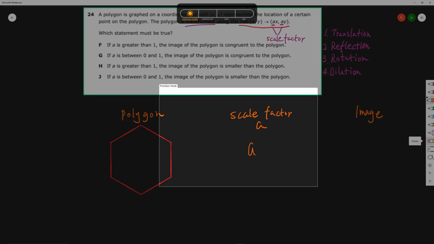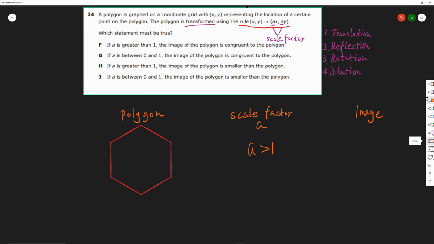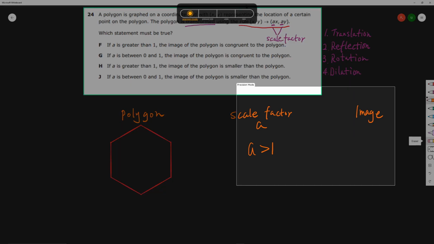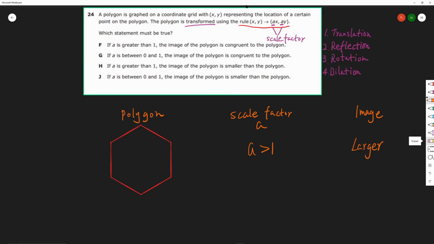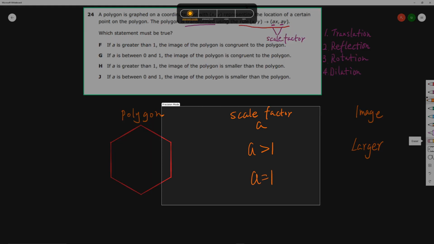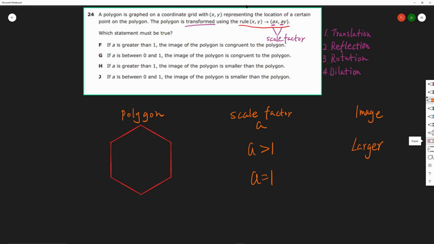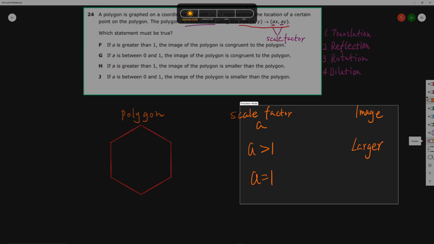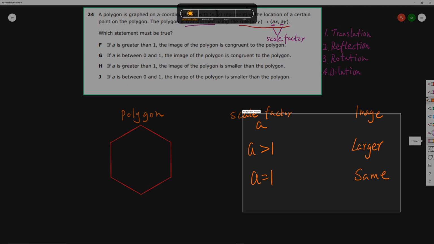If a is larger than 1, the polygon is resized by a scale factor larger than 1, and the image will be larger than the polygon. If the scale factor is equal to 1, the image will remain the same, or we have a term for this, which is congruent.